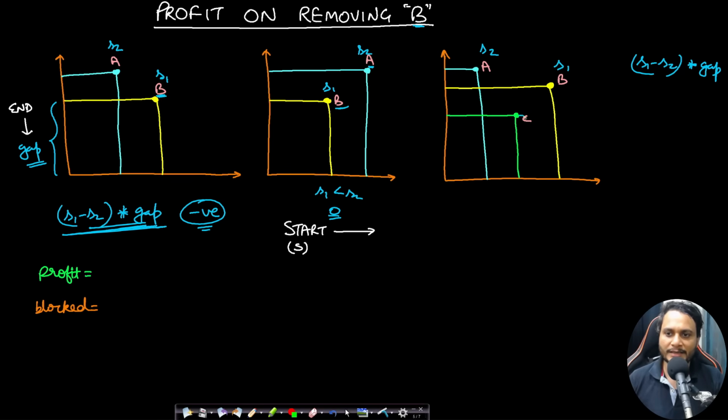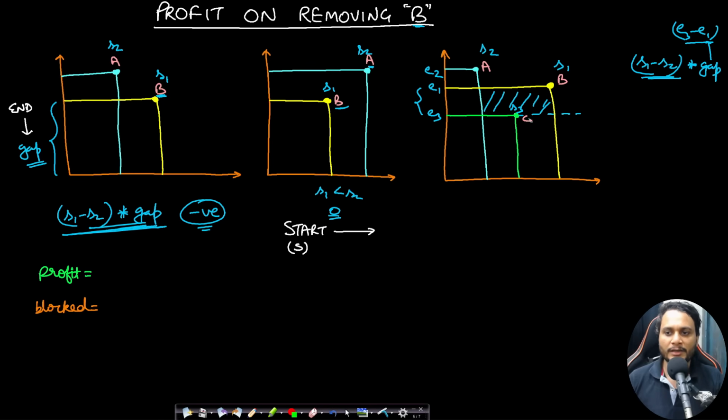So the next point is C. Let's say that C has S3 and these points were E2, E1 and E3. So the gap here will be equal to E3 minus E1, right? So when you calculate E3 minus E1 multiplied by S1 minus S2, you will get this shaded area, only, okay?